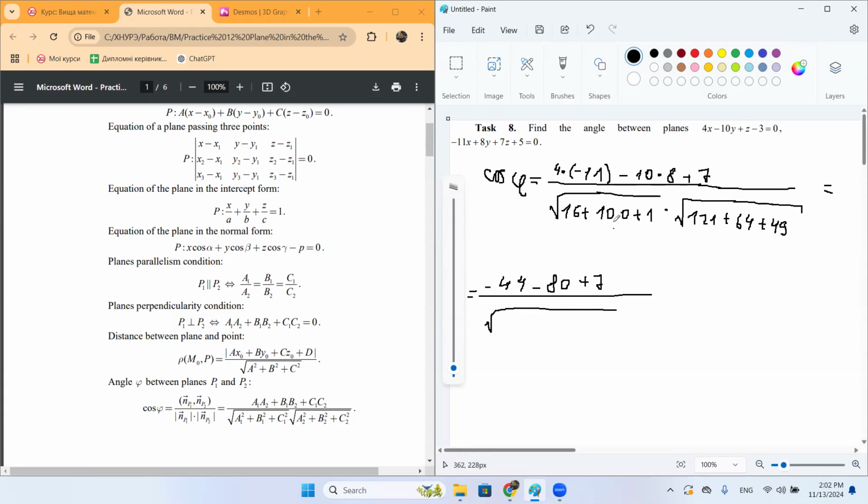And square root of, so 117 by 170 plus 64 by 234. And here we have minus 117, by the way.